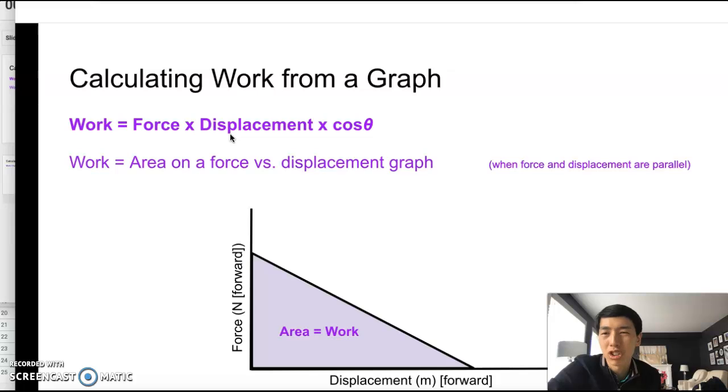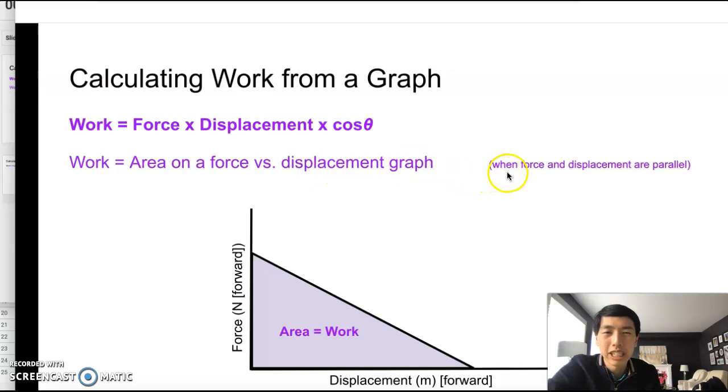So that's what this picture shows. Work can also be obtained by finding the area on a force versus displacement graph. The axes have to be force and displacement.